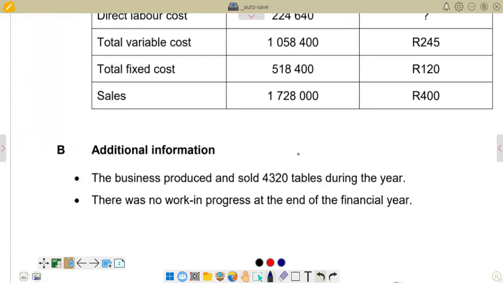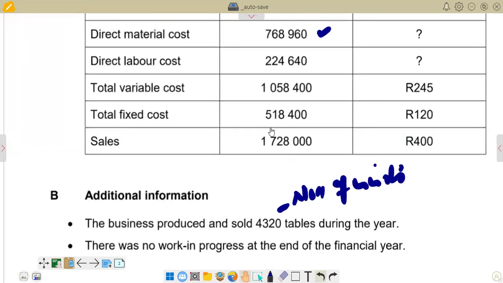So this is our denominator, and our numerator is the total direct material cost that we are given here.